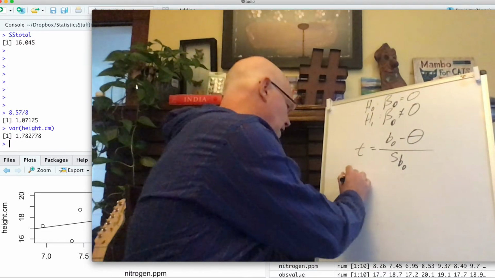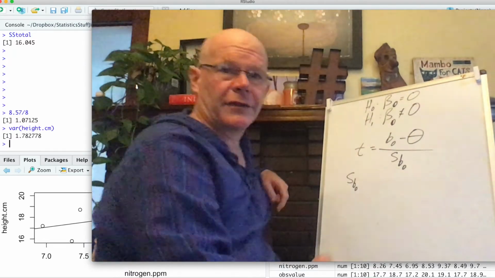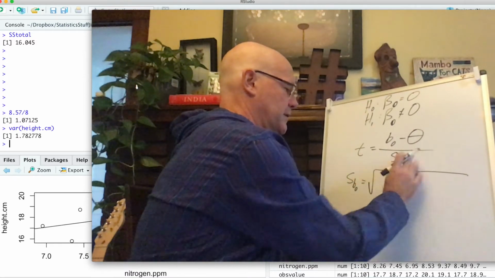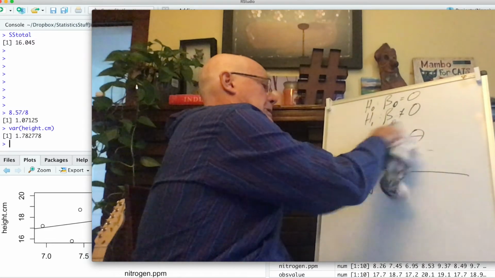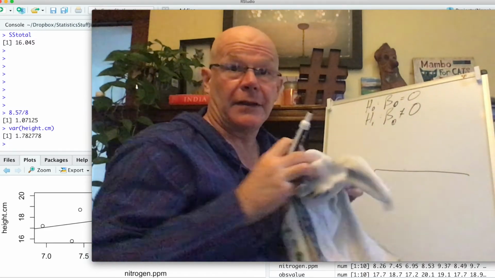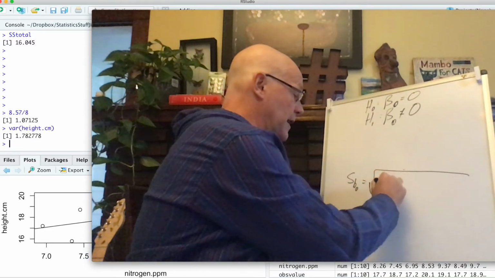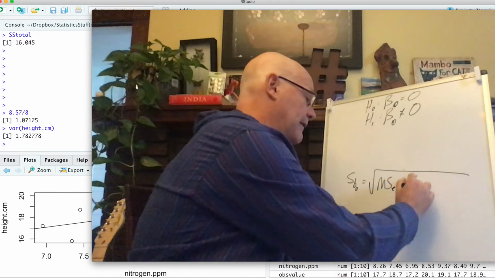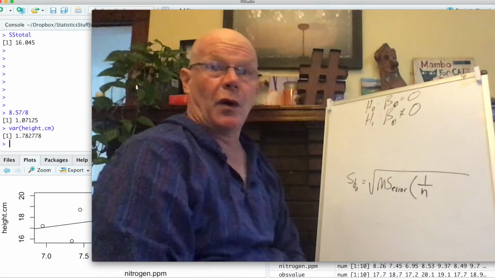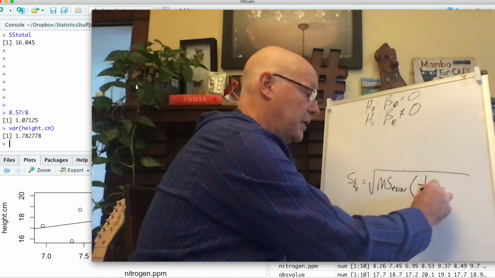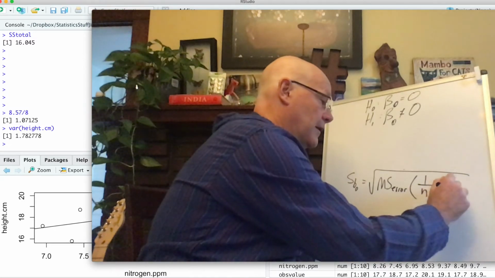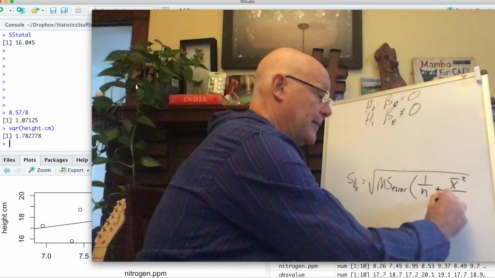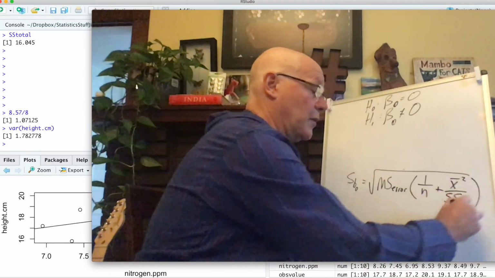But the standard error of the intercept is going to equal what? I'm going to get rid of all of that and rewrite it later. I'm going to take the mean squared of the error and multiply that by 1 over n, so 1 over my sample size, plus the mean of x squared divided by my sums of squares of x.